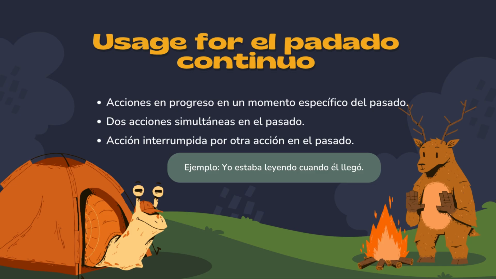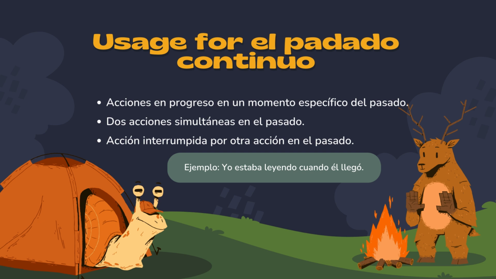So now let's discuss the different usages for el pasado continuo. You want to use it for acciones en progreso en un momento específico, so actions in progress or that are happening in a specific moment in the past. Dos acciones simultáneas, two simultaneous actions in the past.